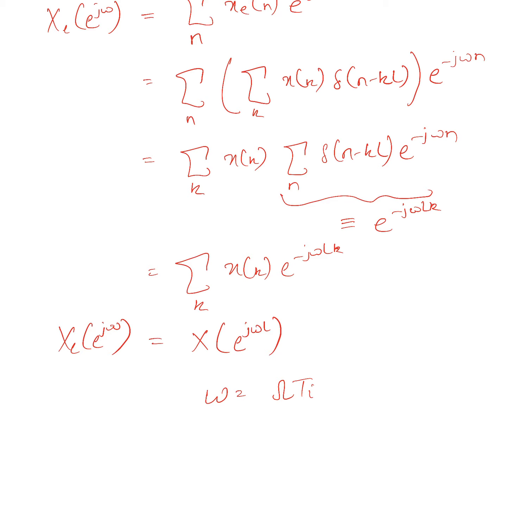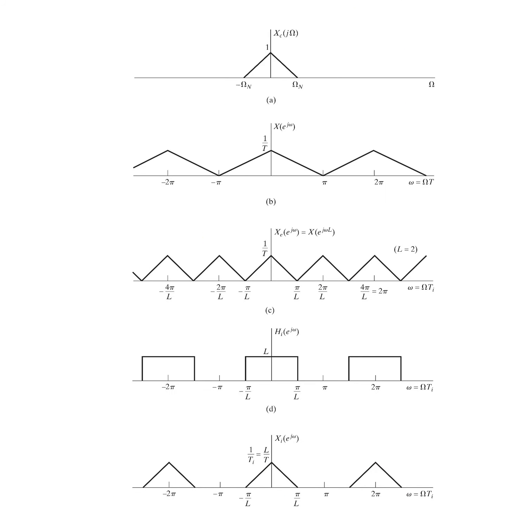So let's see one example of how to visualize increasing the sampling rate. Let's say we have a continuous time signal, with the Fourier transform Xc of j omega from minus omega N to omega N. Now if this continuous time signal is sampled at some period capital T, this is how it would look in the frequency domain, with periodic copies.